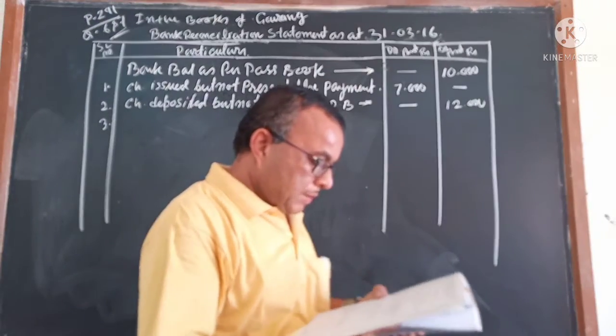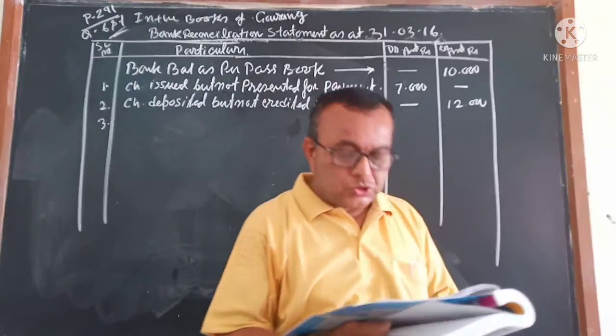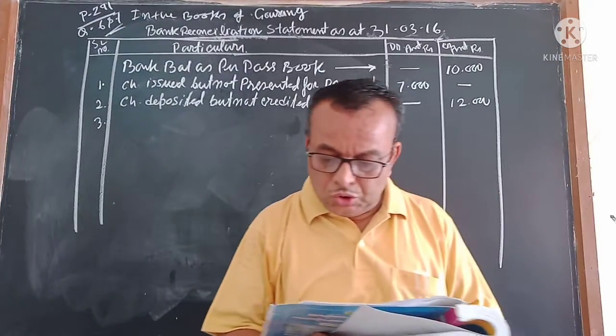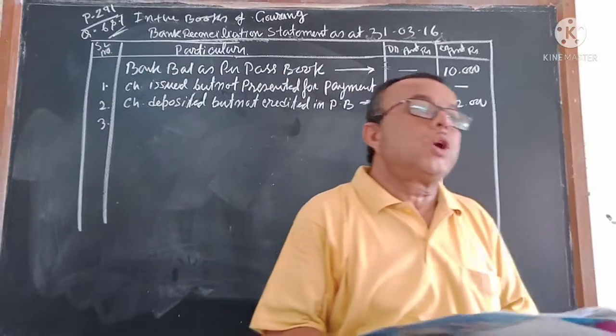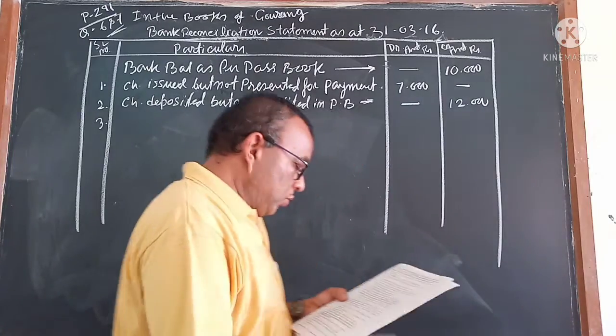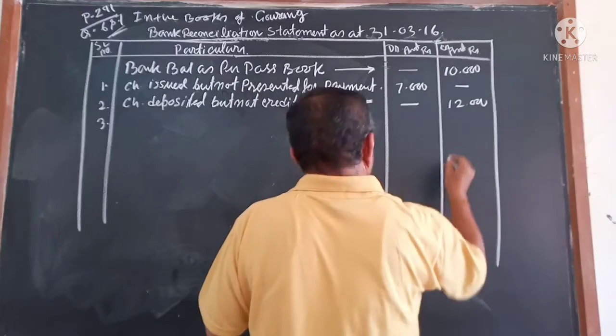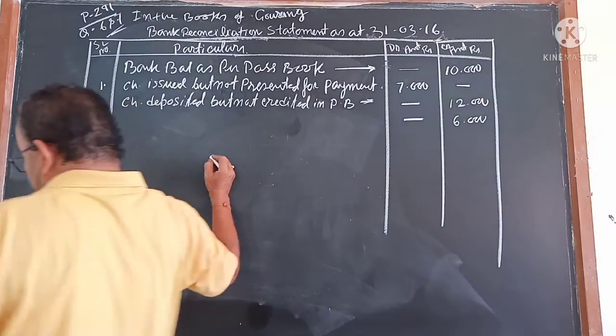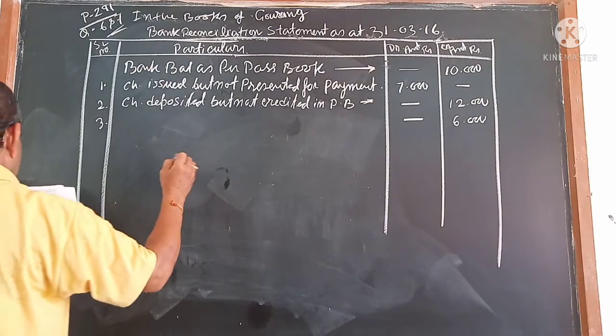Number 3: bank has paid rupees 6,000 for insurance premium. Bank has paid means bank debited, which is known to Gaurang on 1/4. 1/4 means it is not known earlier. So the bank debited, I have to credit it. How much? The 6,000. What is this? The 6,000 is insurance premium.